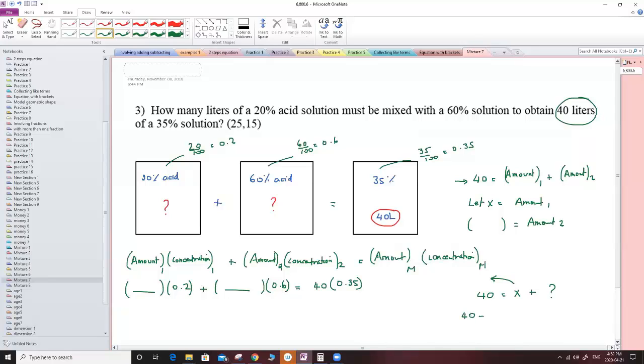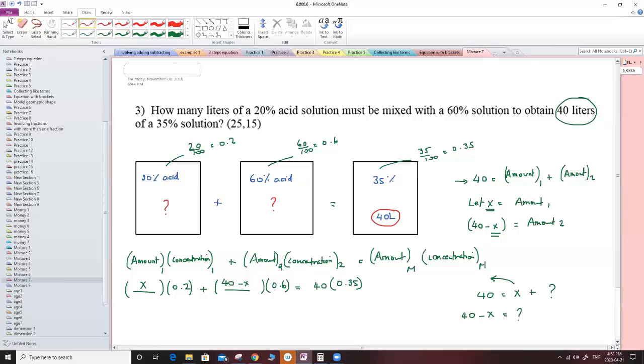So the amount of solution 2 is going to be 40 minus X. My goal is to have only one variable. So in amount 1, I can write X, and here I can write 40 minus X. In the equation, I will have only one unknown, which is X.